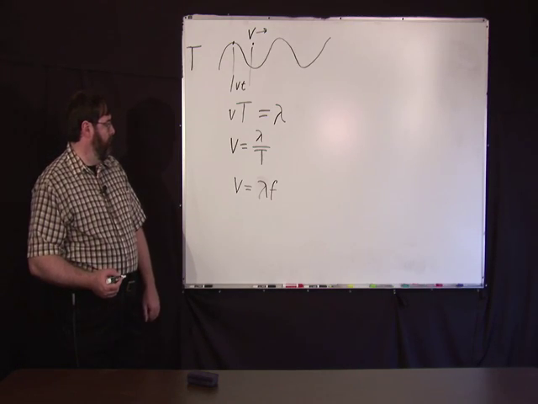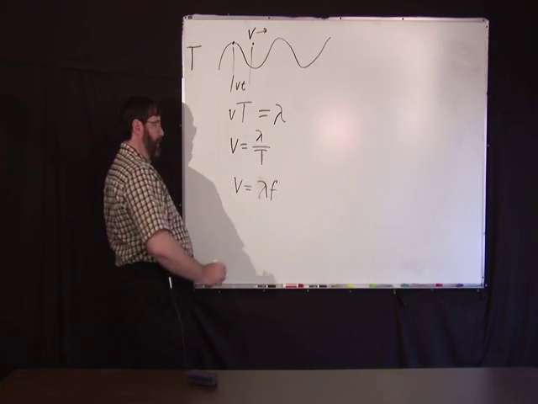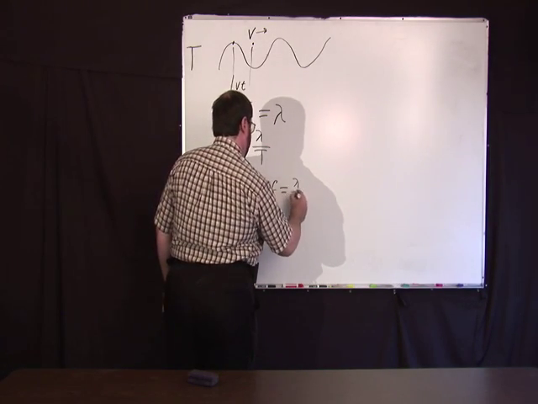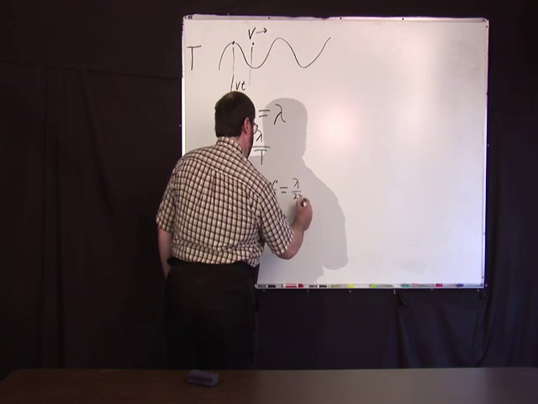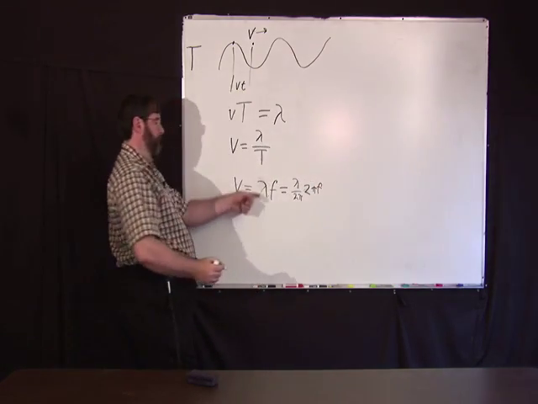So let's do some funny things here, like divide and multiply by 2 pi. So we get lambda over 2 pi times 2 pi f. Same thing, right?